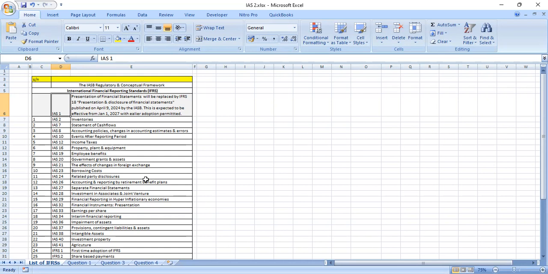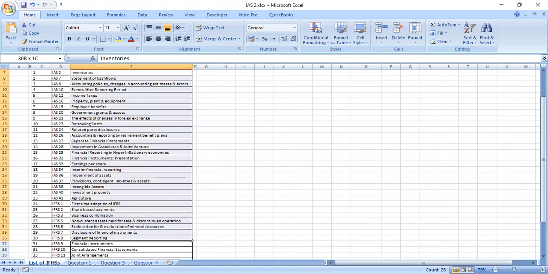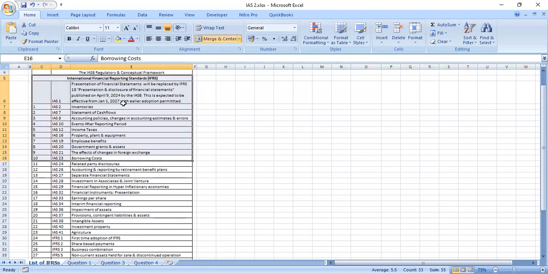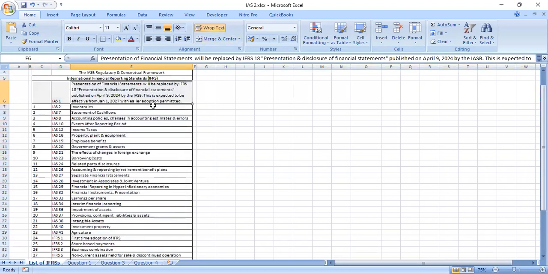But organizations that want to adopt IFRS 18 in replacement of IAS 1 earlier can go ahead and adopt. You can see we have a whole list of standards here. The last standard before IFRS 18 was IFRS 17, which is on insurance contracts. So the latest one is IFRS 18 on presentation and disclosure of financial statements.